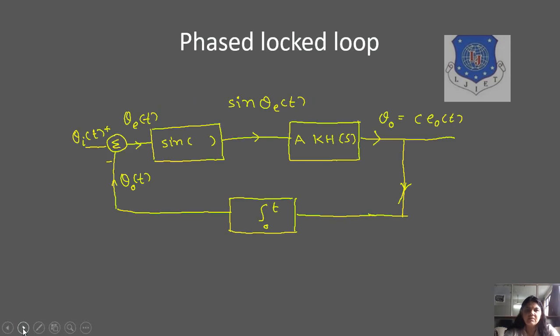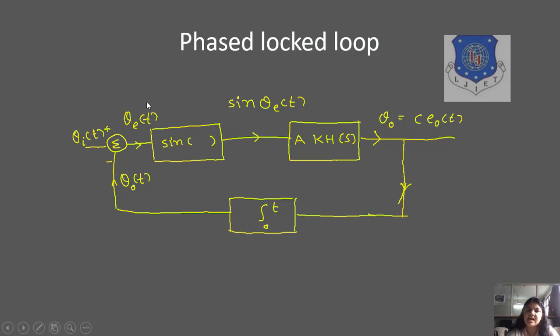This is the equivalent circuit for the PLL, which consists of the three basic components: the low pass filter, voltage control oscillator, and the multiplier. We have the input signal having the phase θi(t), then the feedback, that is the voltage control oscillator, having the phase θo(t). Using θi(t) and θo(t), the signal θe(t) is generated.